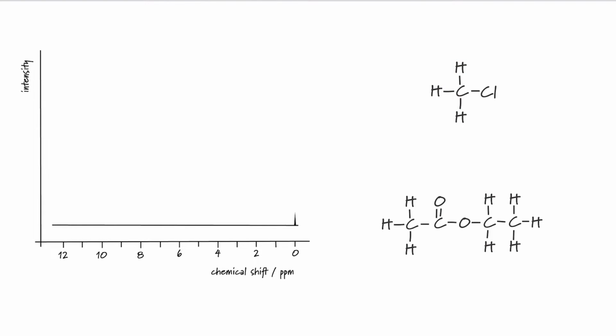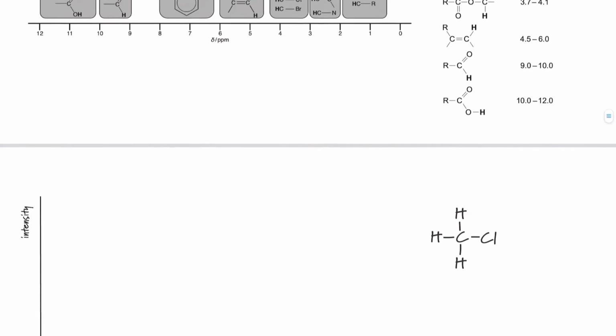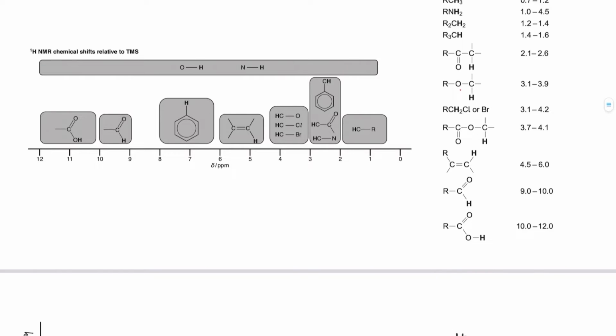Our second molecule, ethyl ethanoate, we decided that there were 3 proton environments in this particular molecule. So the first one, I have got 3 protons in this environment. This carbon is adjacent to a carbonyl group. So the type of proton I'm looking for is a proton bonded to a carbon adjacent to a carbonyl group.